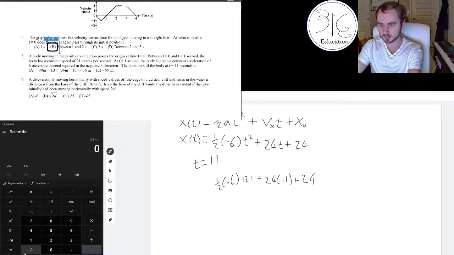So that's this guy. And there's no key for it, so I have to click it. -6 divided by 2. And then we'll add on, we want 24 times 11. And then we'll add on 1 extra 24 for that first initial displacement.